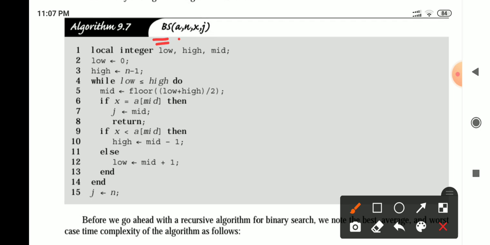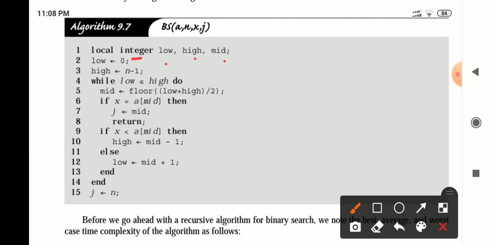Here the very first line is the initialization of variables. So here we have the local integers low, high and mid. Now low, high and mid are nothing but the positions of your array elements.